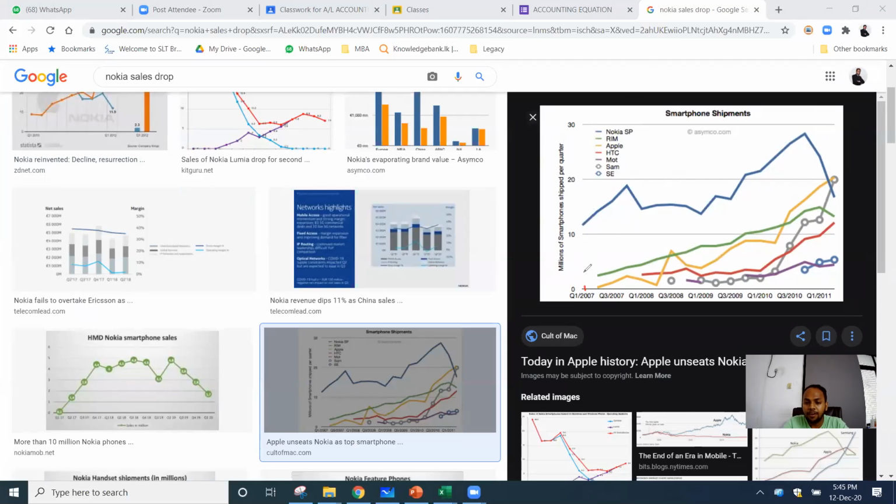In 2007, it's not very far, Nokia was far ahead of other mobile phones. Apple is here. This is Apple, right? So what has happened? In 2010, 2011, there is a huge drop.